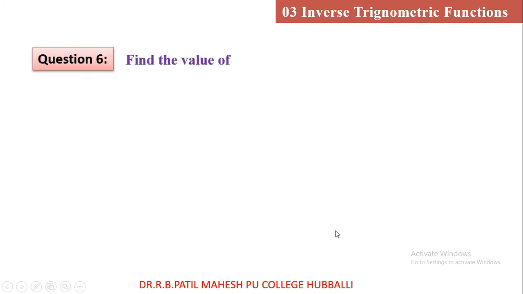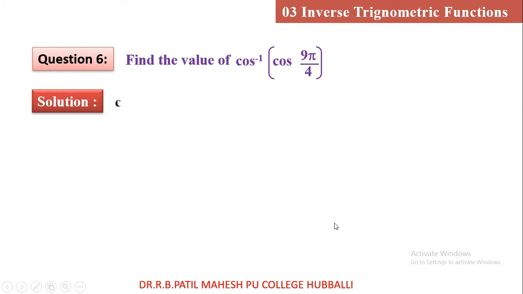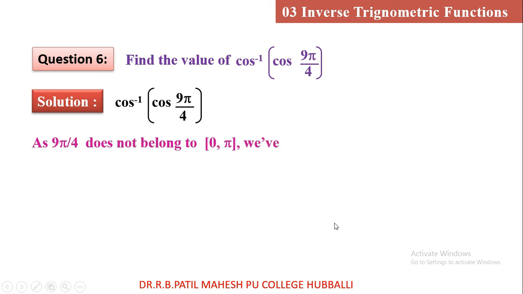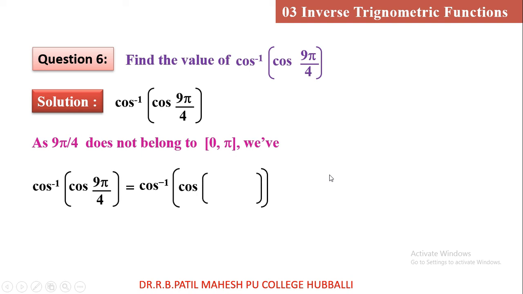Question number 6. Find the value of cos inverse of cos 9 pi by 4. All questions are following the same pattern, students. Let me take the expression cos inverse of cos 9 pi by 4. Here 9 pi by 4 does not belong to the range of cos inverse, that is the closed interval 0 comma pi. So I have to simplify 9 pi by 4. It can be written as 2 pi plus pi by 4, so that we get 9 pi by 4.